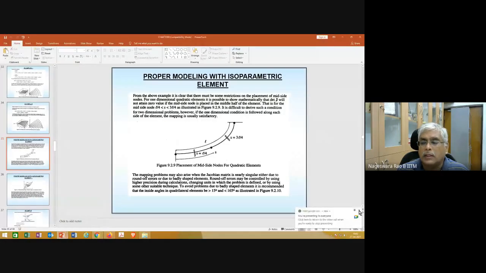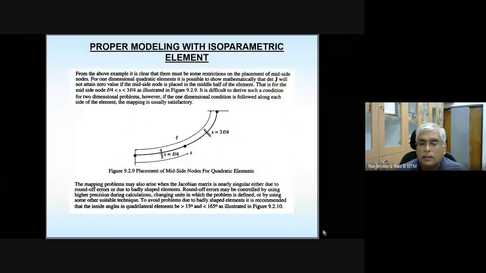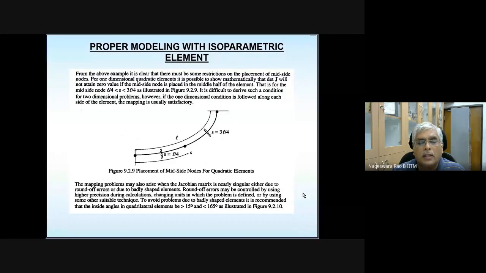In yesterday's class, I was telling that whatever elements we have seen, quadratic element, 9-node element or 8-node element, we have one node in the middle of the element.